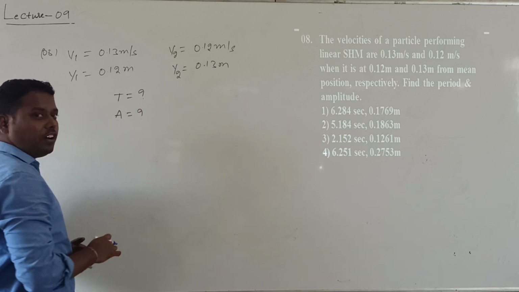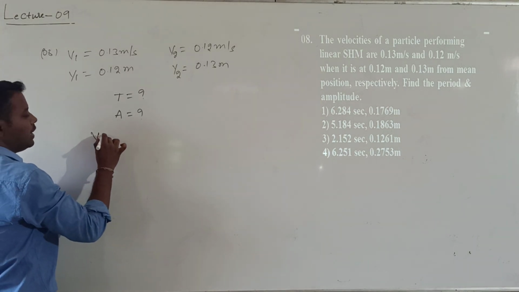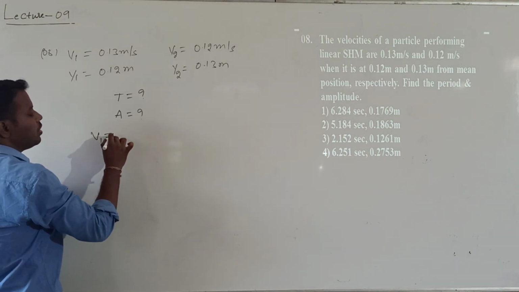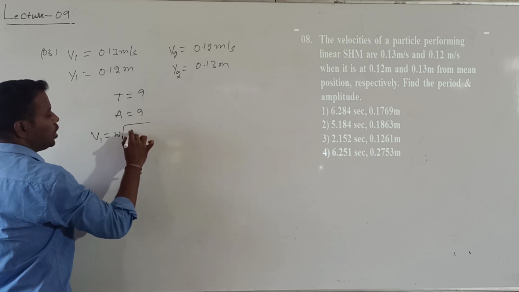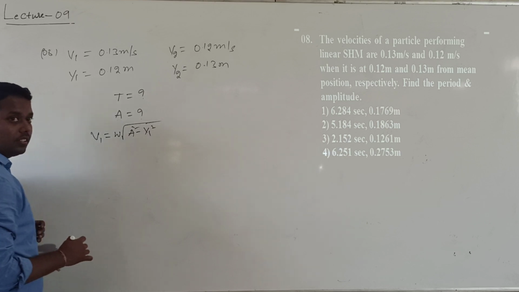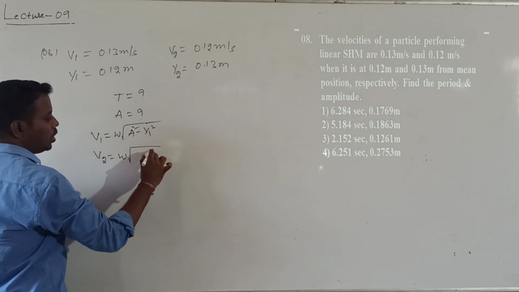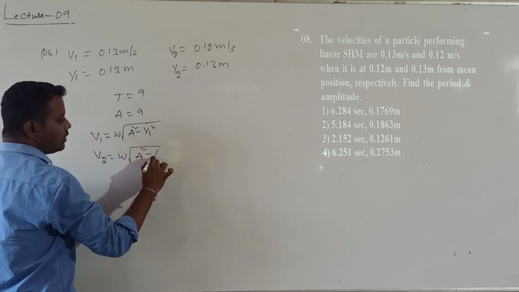What is the formula for velocity? v1 is equal to omega into root of a square minus y1 square. Similarly, v2 is omega into root of a square minus y2 square.